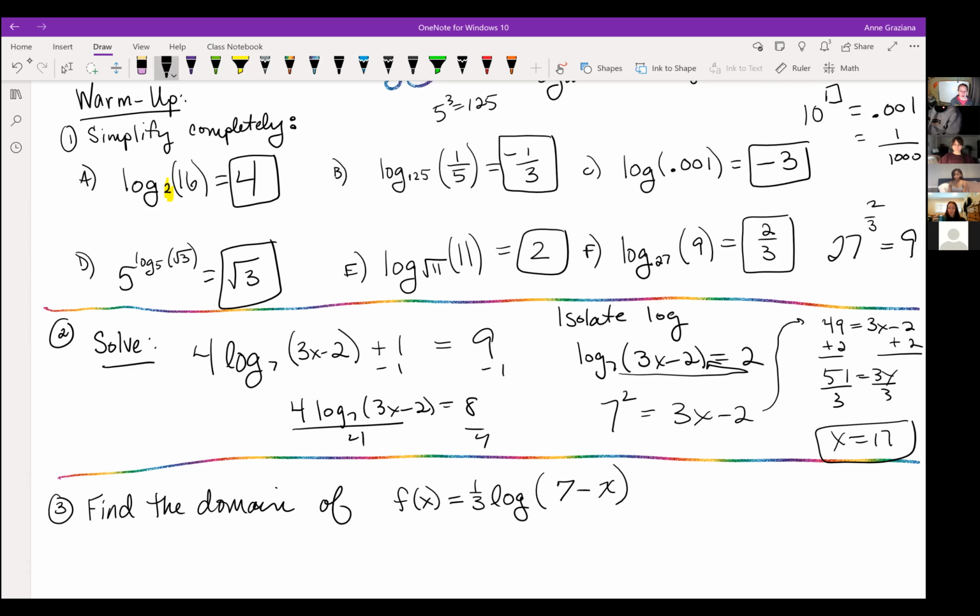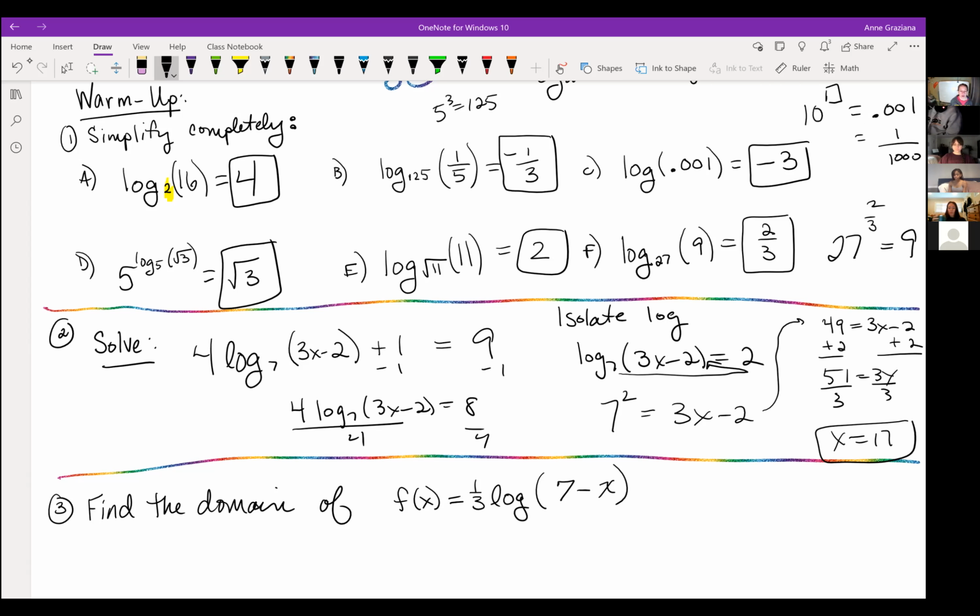All right, last but not least, the other thing we talked about was domain, and I picked just a basic one to start us off with today. The domain restriction is that whatever goes inside your log has to be what? Greater than 0.